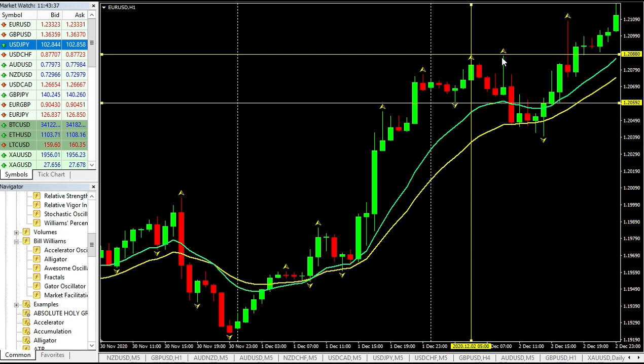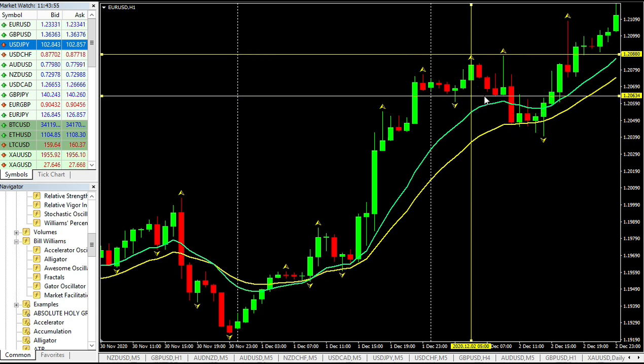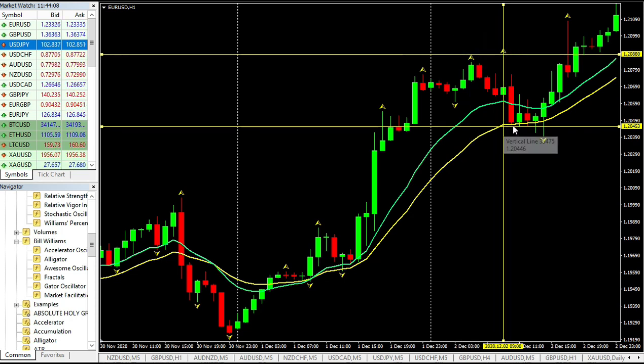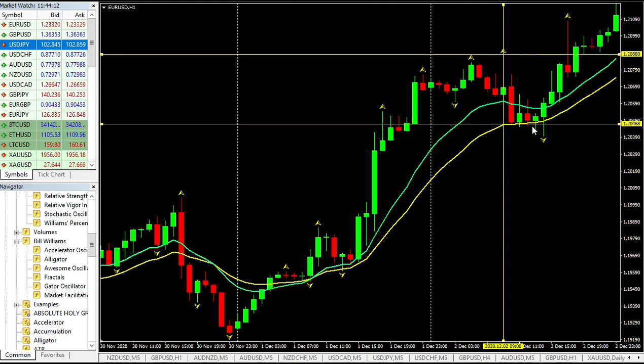This is where you're going to place your pending order, and then you will have your stop loss placed here at the low of this candle, or here where you have the moving average and the vertical line crossover.